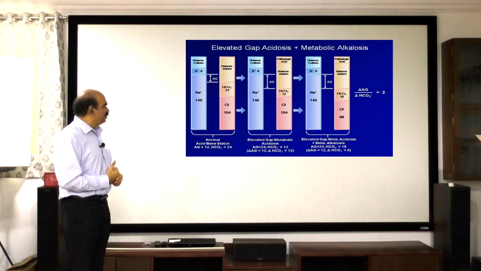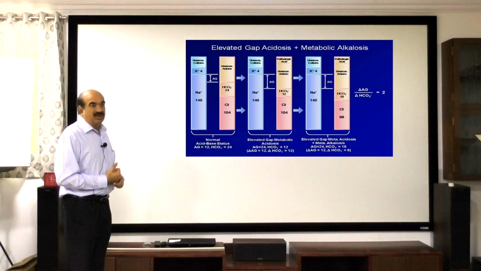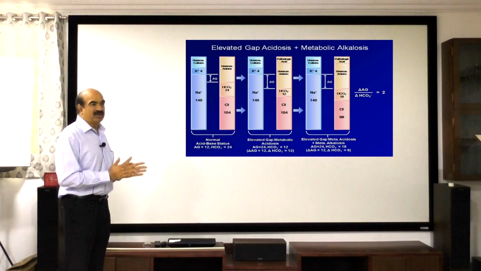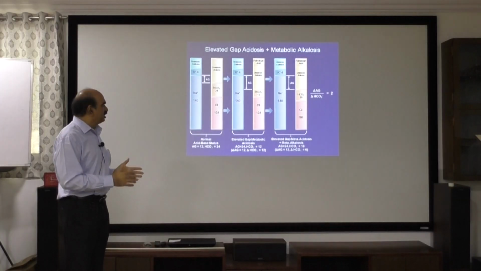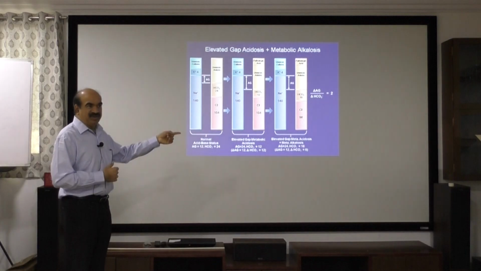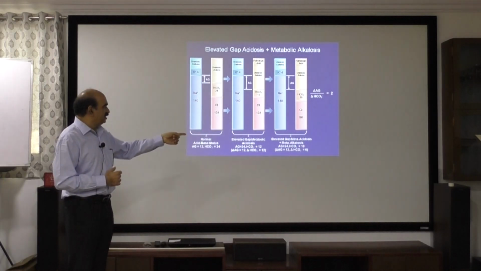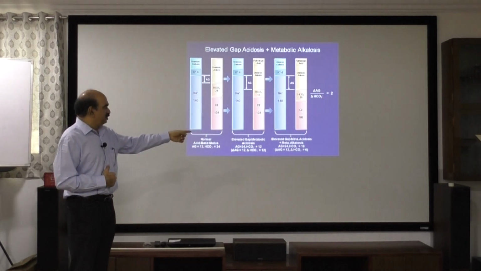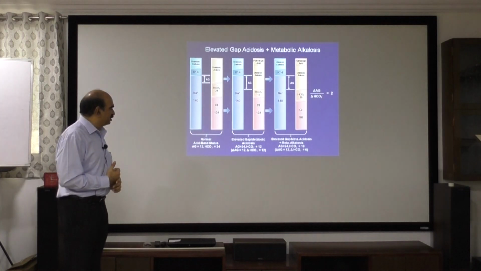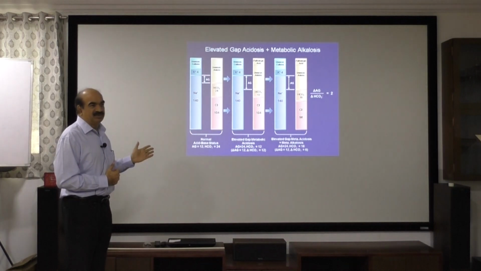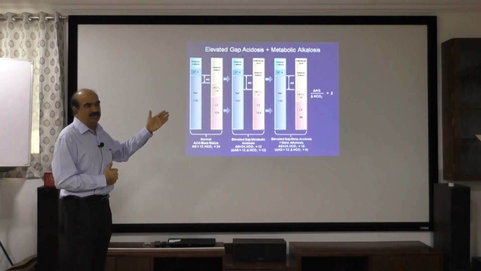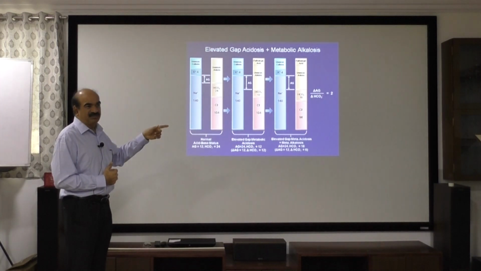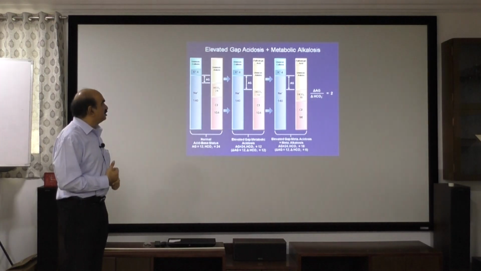What is the delta bicarb? Normal bicarb, 24, minus measured bicarb. Here it is 18. 24 minus 18 is 6. So delta anion gap is 12 and delta bicarb is 6. What is the delta ratio? Delta anion gap by delta bicarb is 12 by 6. Here the delta ratio is 2.